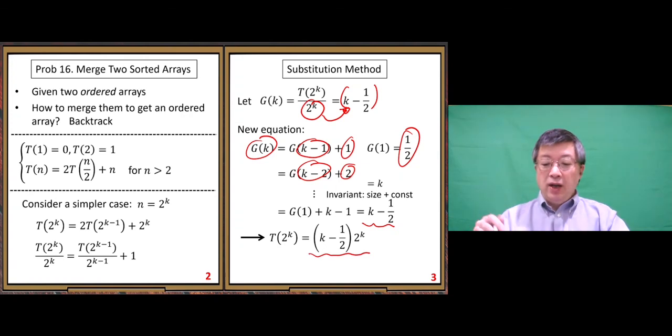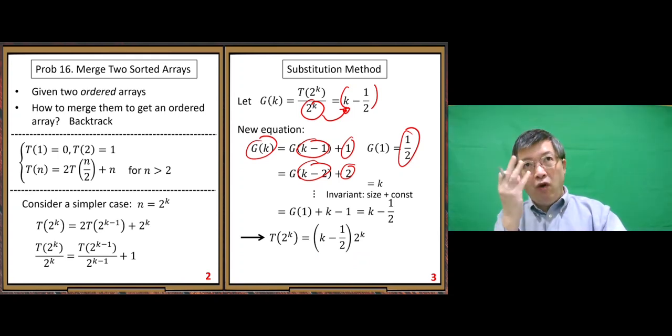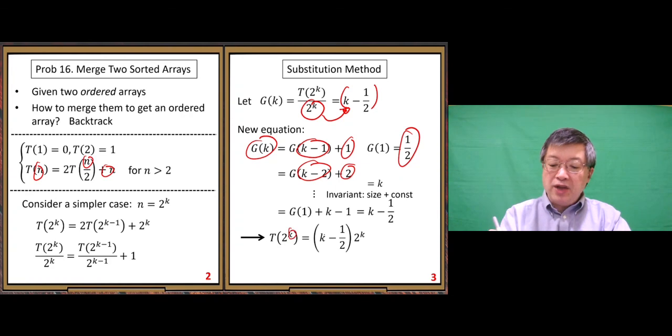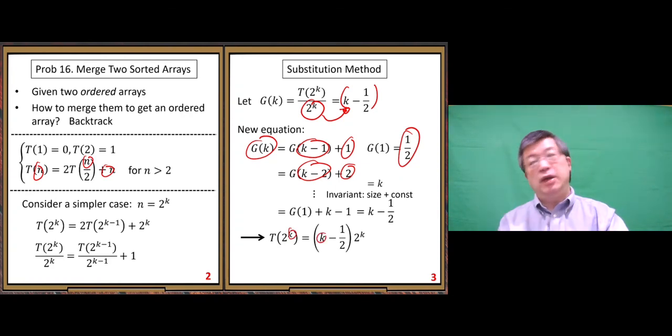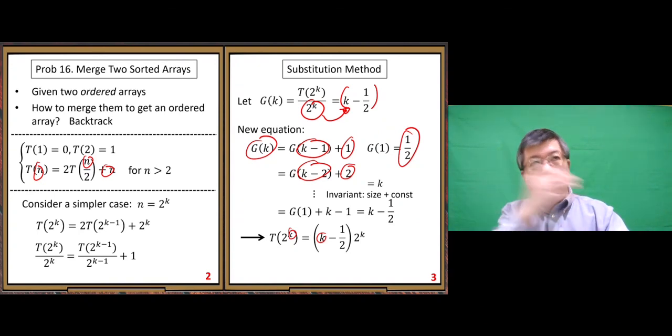But that's not the one in the form related to the original equation. In the original equation, we use n as the variable. Here, we use k as the variable. That's not the same, so we want to write the t function in terms of n, not k.